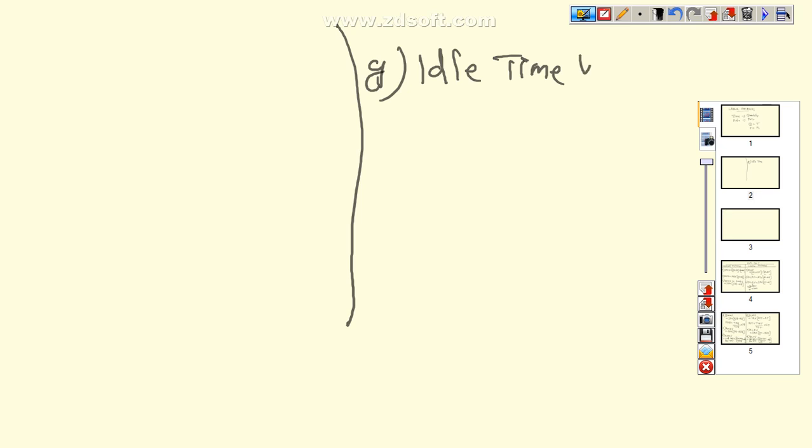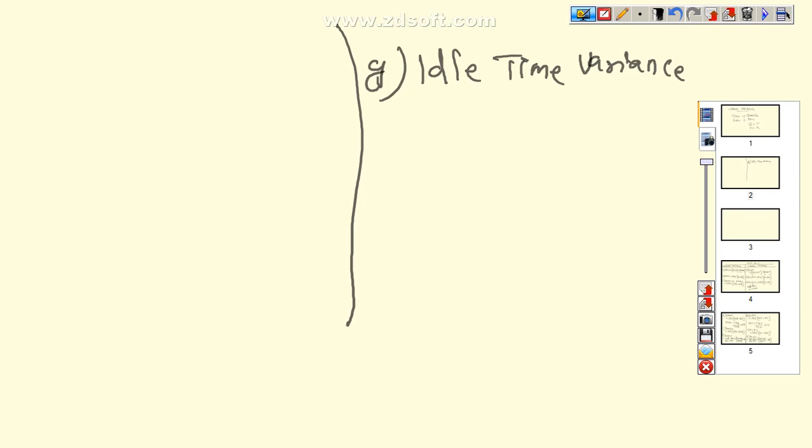And one more point we have to remember: in case of labor variance there is one more equation, that is idle time variance. Idle time may be due to machine breakdown, power failure, or workers waiting for raw material.